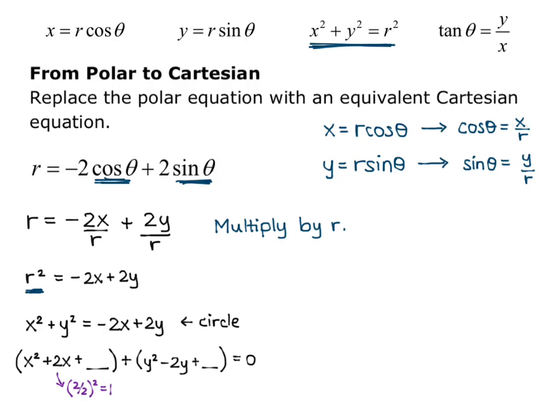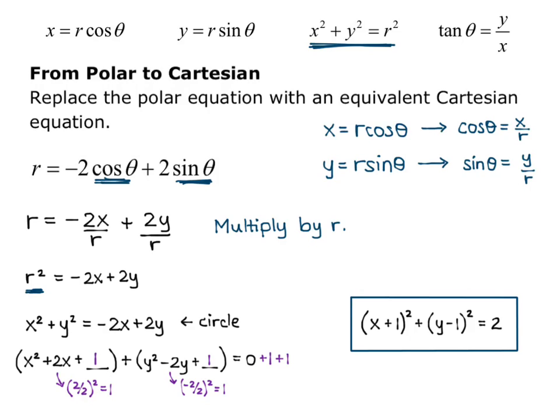So now I do my 2 over 2 squared equals 1. So I'm going to add 1 to the x terms and add 1 to the right side of the equation. Completing the square for y, I'm going to do negative 2 divided by 2 quantity squared equals 1. So I add 1 to both sides of the equation. And now I can factor my perfect square trinomials.